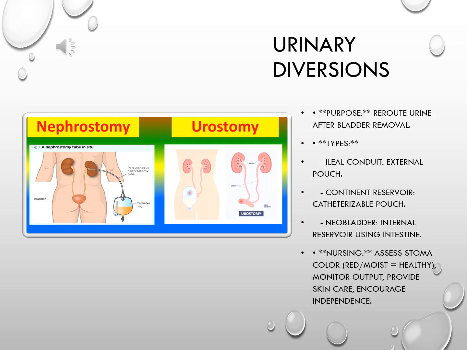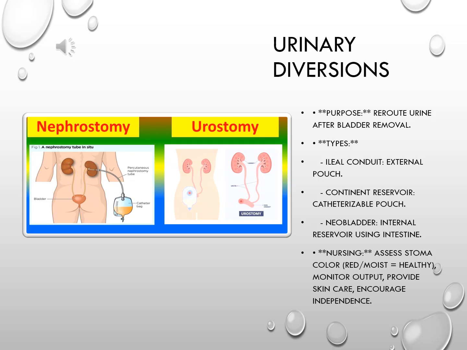But what we want to do for our patients with a nephrostomy is we want to focus on making sure that it's draining correctly, so making sure the tube is patent, monitor that output, making sure that it's more than 30 mLs per hour, monitoring for any signs of infection, making sure to keep the site dry and clean, making sure that there's no pain, which could indicate an obstruction, and we want to make sure that we monitor the site of the nephrostomy as well.